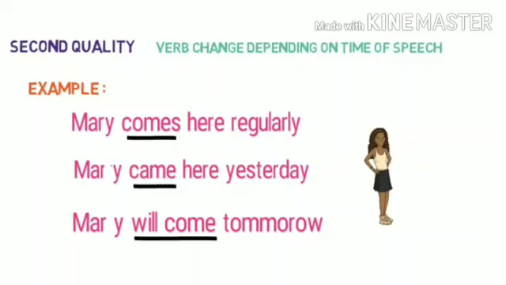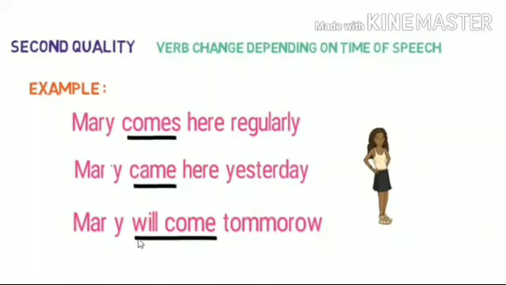Here, will and come are the verbs, and we are talking of the future event. As you can see, for different time the same verb change. Comes in the present became came in the past and will come in the future. These are the different forms of verb. We'll discuss about them now.